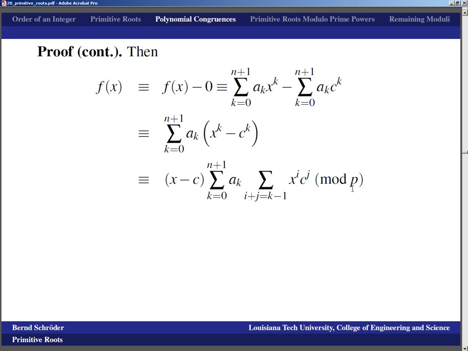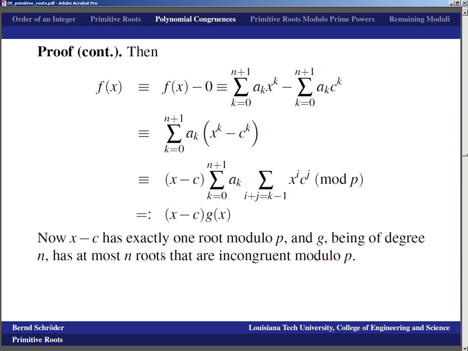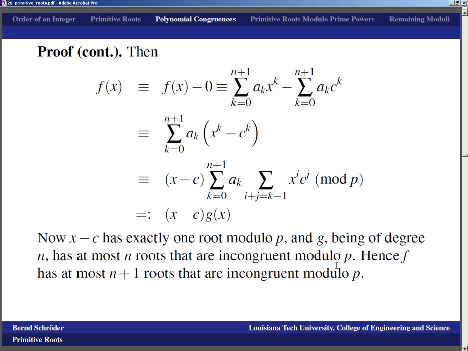And that's of course all modulo p. And if we set that equal to x minus c times g of x, we realize that x minus c has exactly one root modulo p. You've got three guesses what it is, and it ought to be c. And g, being of degree n, has at most n roots that are incongruent modulo p. And that means f has at most n plus 1 roots that are incongruent modulo p.